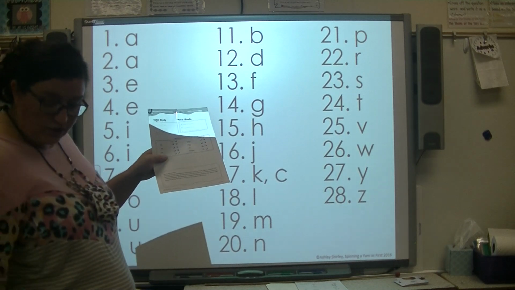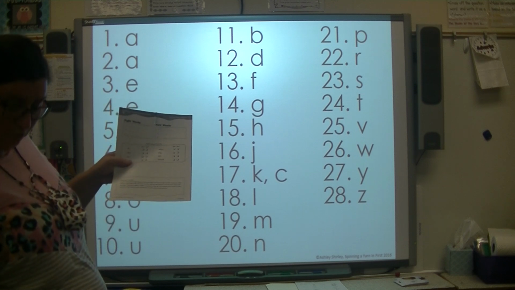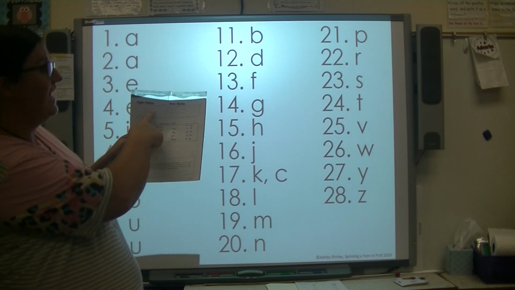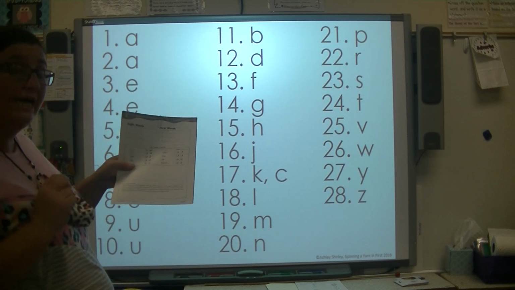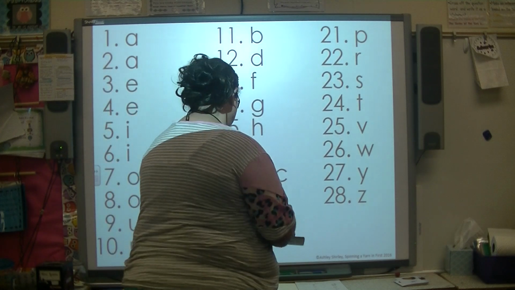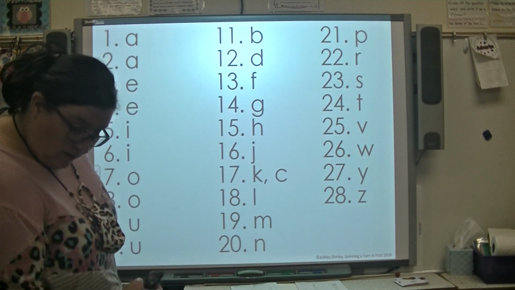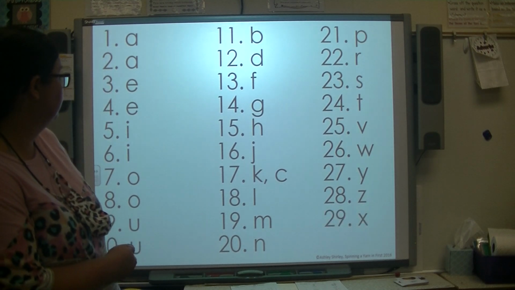You're going to turn it over to the back and put your finger in the first box on number 1. There is a line for each letter in the word. So that first word is going to have 3 letters in it. Number 1. That first word is the.